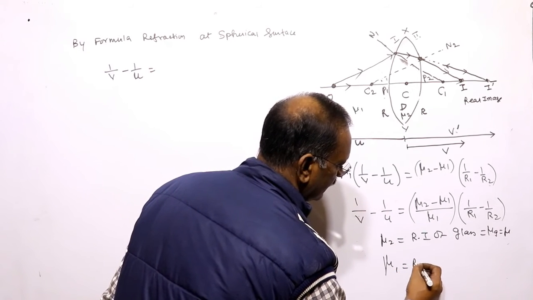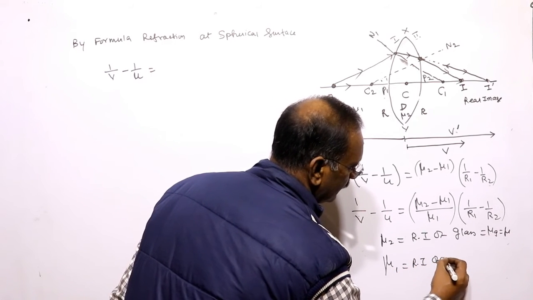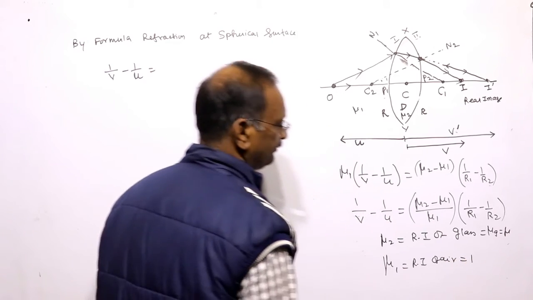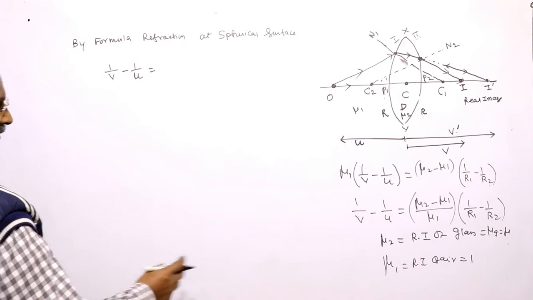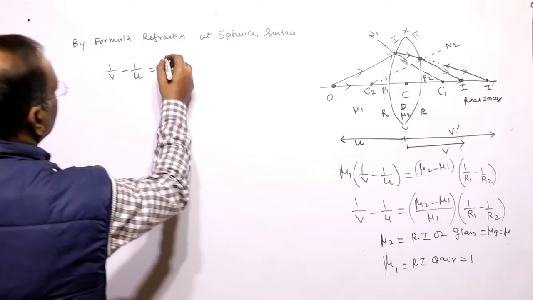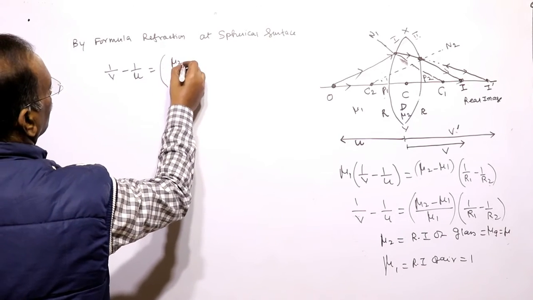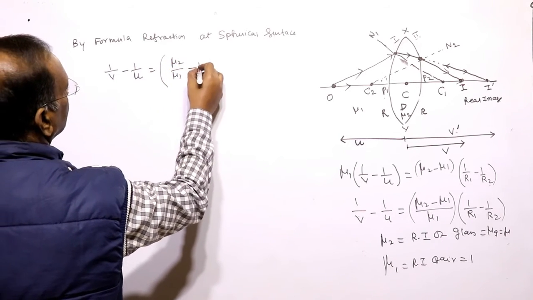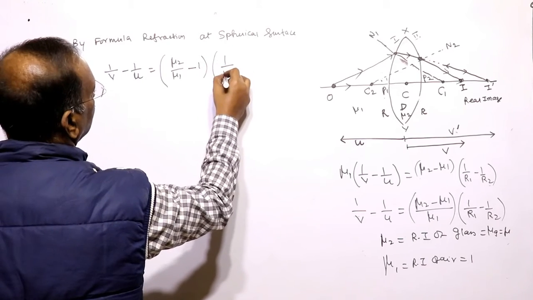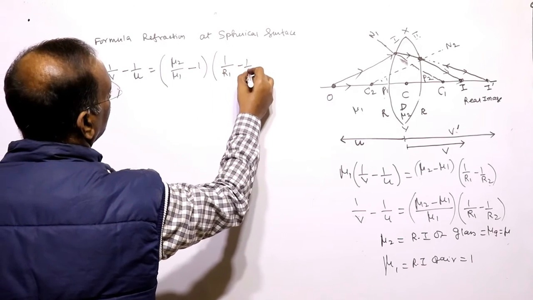Mu1 is the refractive index of air, which is equal to 1. So in this equation we get mu2 by mu1 minus 1 into 1 by R1 minus 1 by R2.